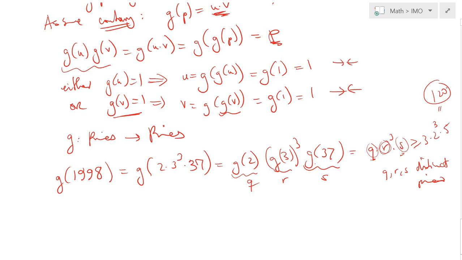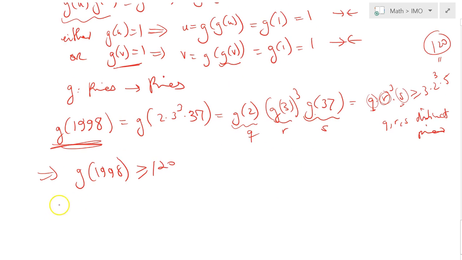So g of 1998 would simply be greater than or equal to 120 for sure. It can't be less than 120.